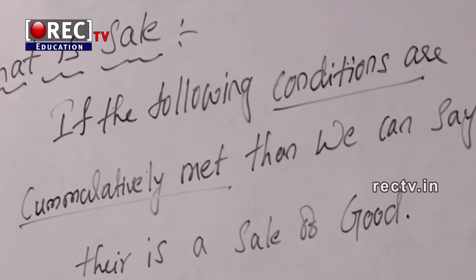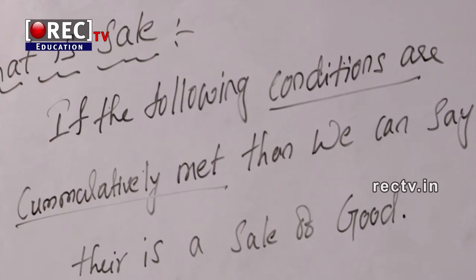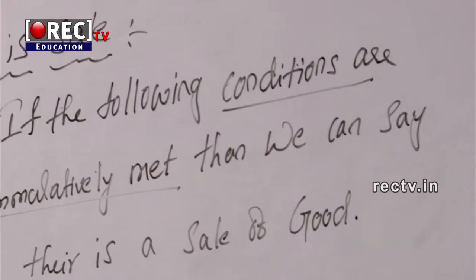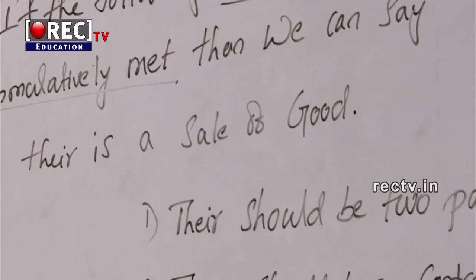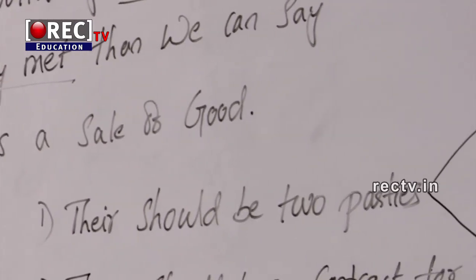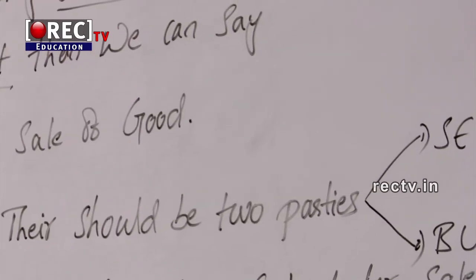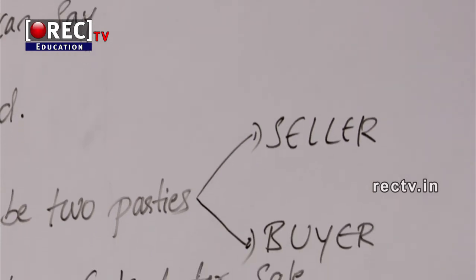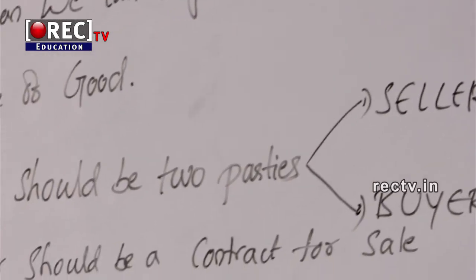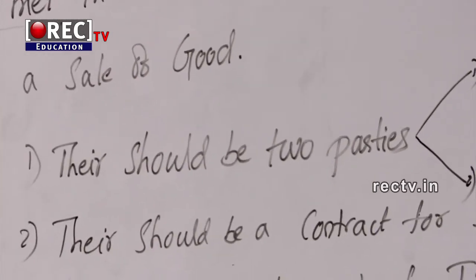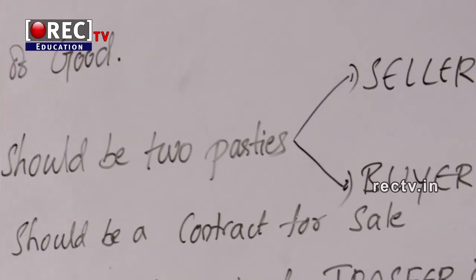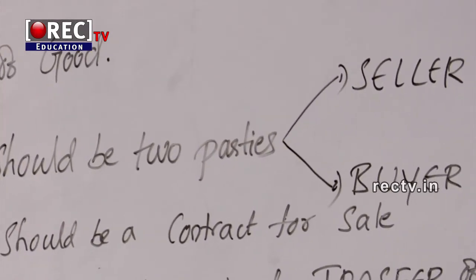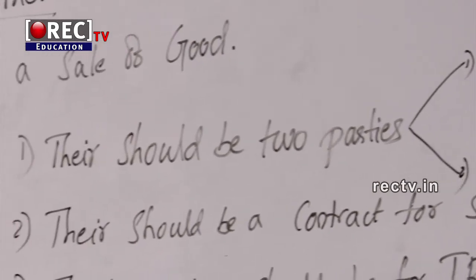There should be two parties, namely a seller and a buyer, and there should be a contract for sale between seller and buyer.